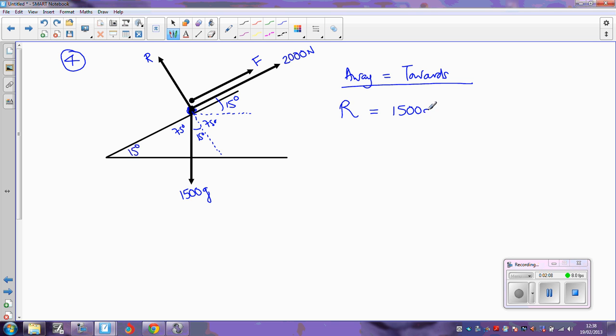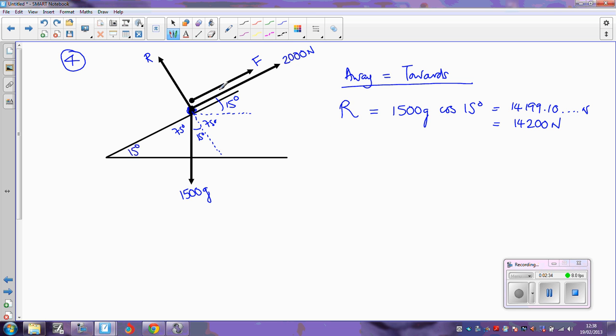If I work that out, it comes out as 14,199.10 and so on newtons, which I can round to three significant figures: 14,200 newtons.